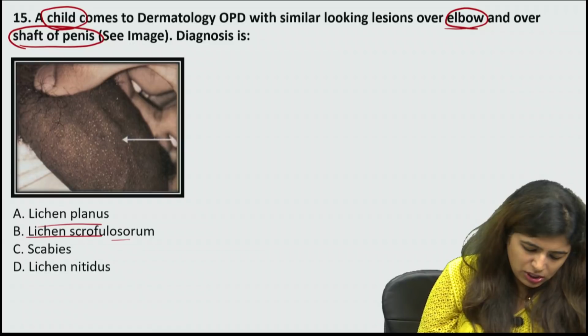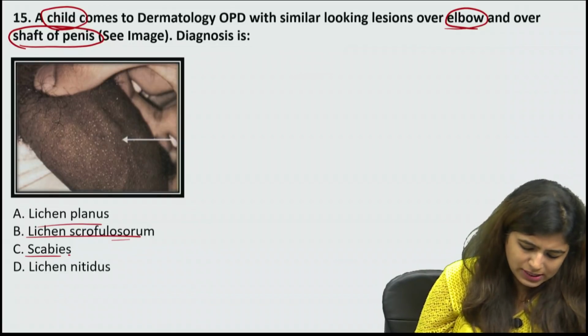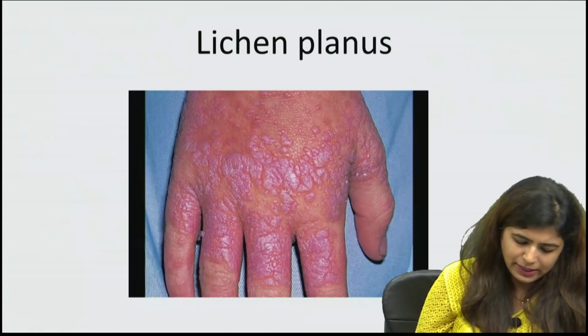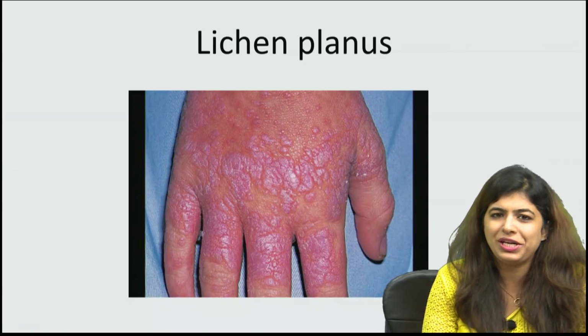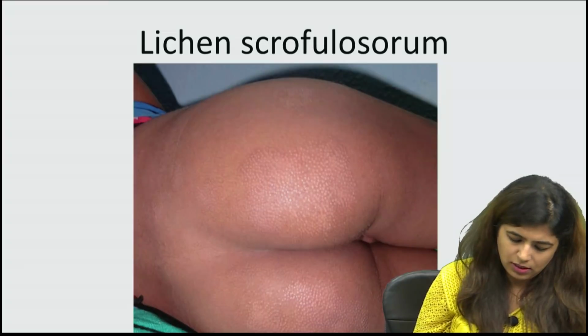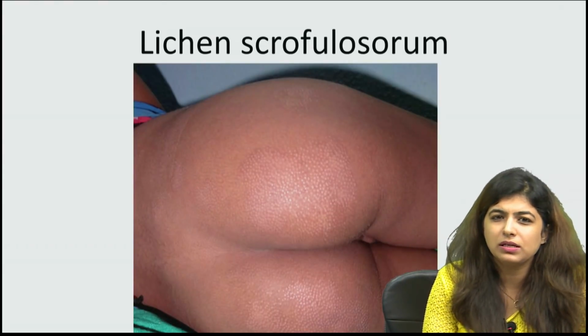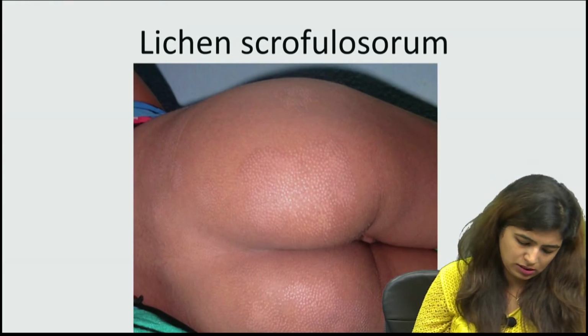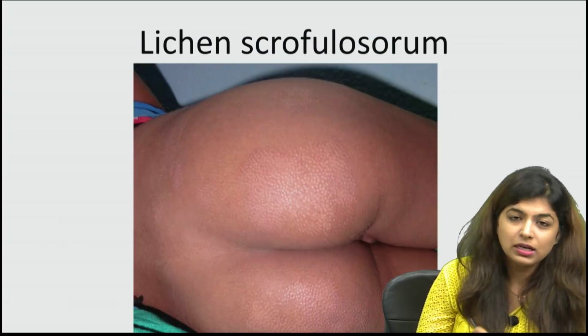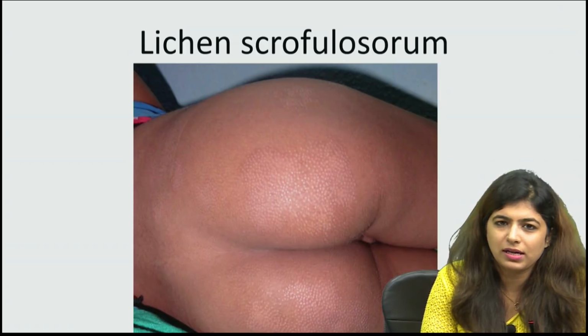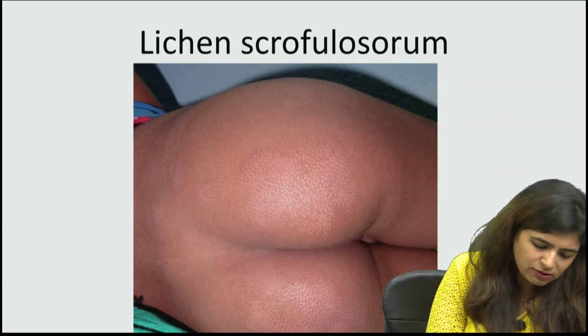Coming to the other three options, how does lichen planus look? Lichen planus looks like this: multiple violaceous, itchy papules. Lichen scrofulosorum is actually the closest differential for lichen nitidus. Why is it the closest differential?